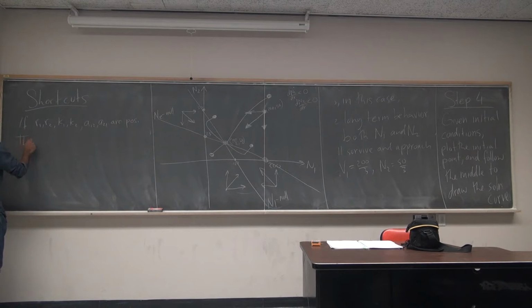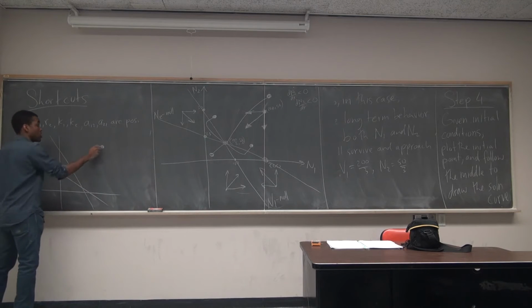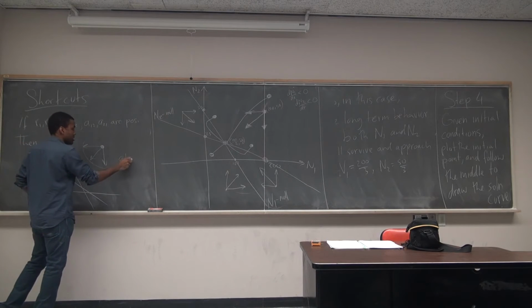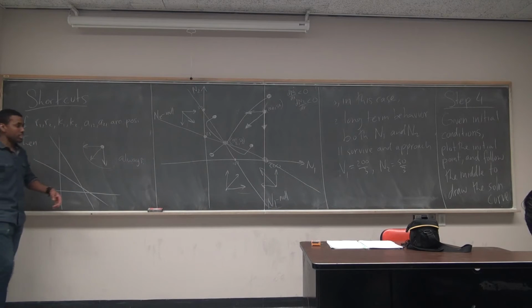Then, if you have something like this, where you have 4 regions, the top region here is always going to look like that. Always. And you can just basically watch the signs.